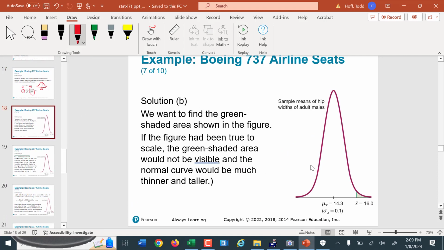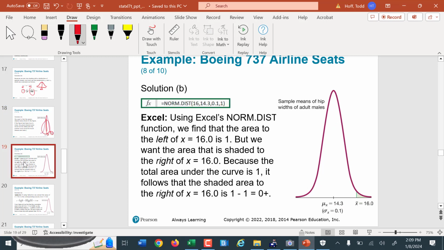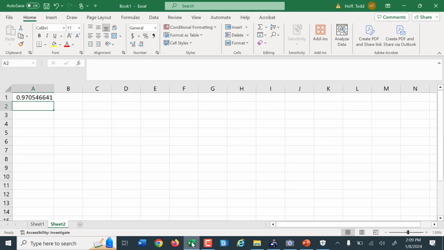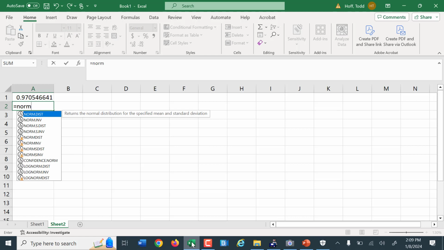So here's our curve. Again, the center, 14.3. We want to know the probability of being greater than 16. Again, Excel is going to give us this probability here, and we're going to have to convert it. So in Excel, I use my norm dist function again.